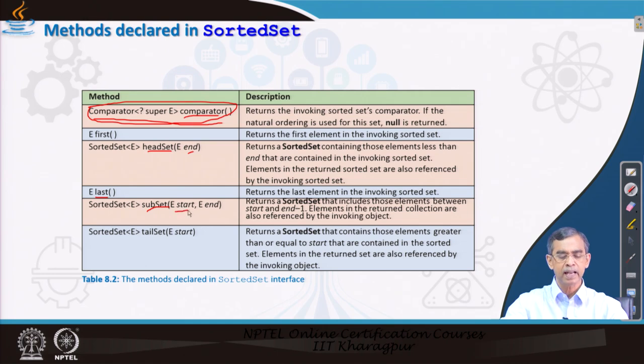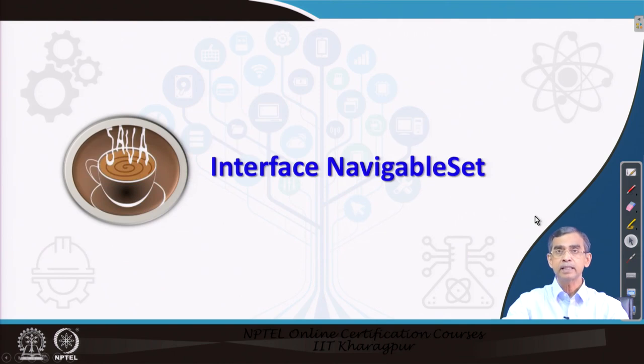The subset has a range, from the element at the start to the end, so it returns all the elements between start and end, both inclusive. And tailSet is just like subset, but tail set means a particular portion of the set starting from a particular element in the set. So, these are the methods to access or manipulate your collection in different ways. So, this is about sorted set.